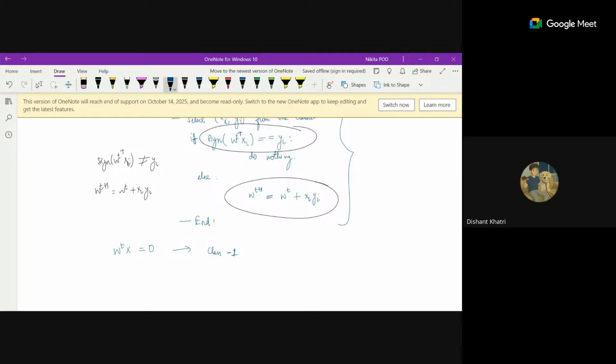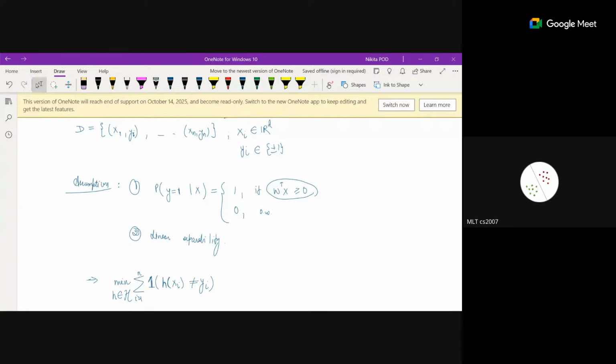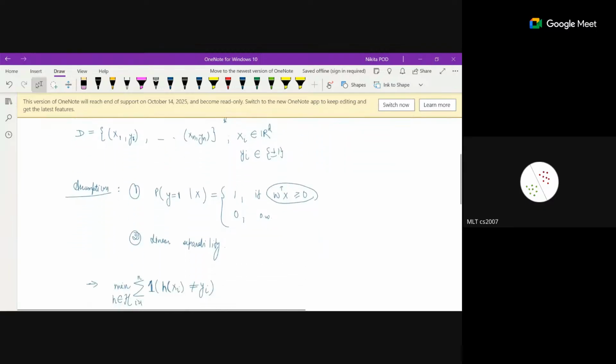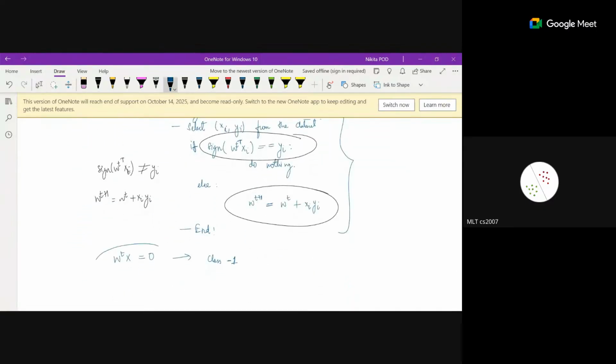This has nothing to do with convergence of W, it depends on how you define it. Yes, the Perceptron algorithm always converges. Remember that we have defined it this way, which is why when W transpose X comes out to be 0, we put it in class 1.